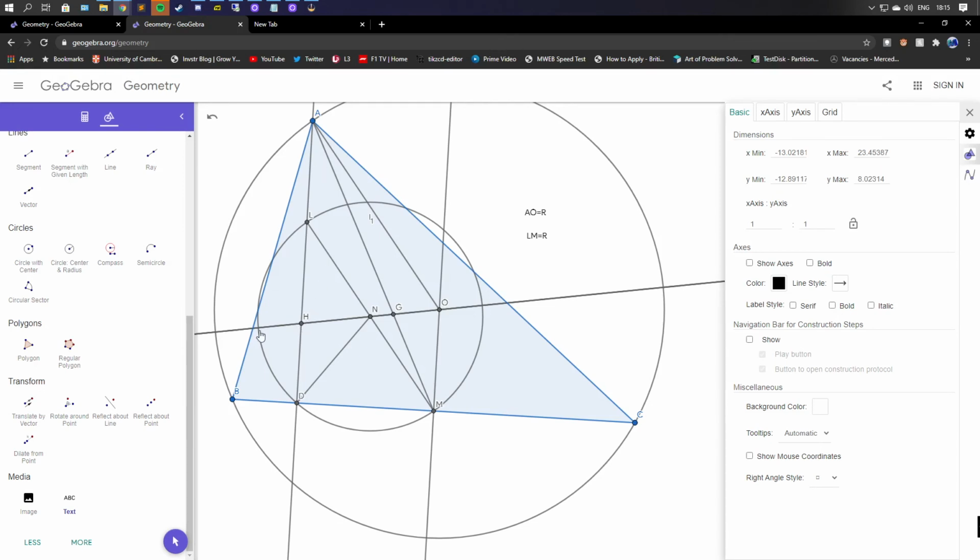So we know that HAB is equal to OAC, and we also know that OAC is equal to 90 minus angle B, which means that HAO, which is equal to LAO, is equal to angle A minus (180 minus 2B), i.e. 90 minus B times 2, which means that LAO is equal to A plus 2B minus 180.